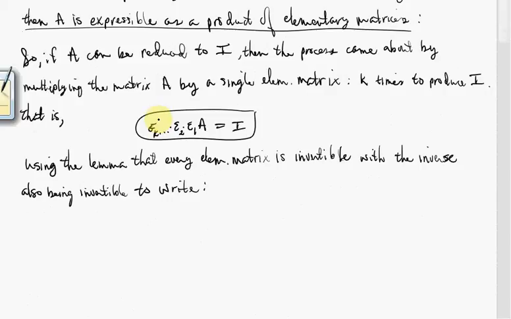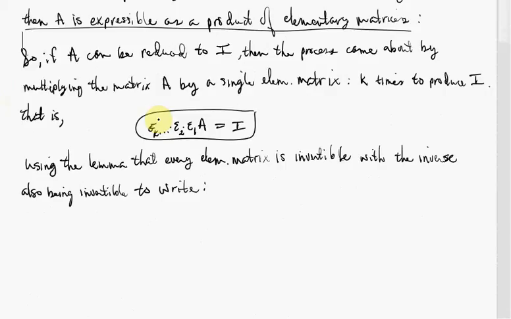So here's what I want to do. I can multiply on the left on each side by the inverse of this matrix, because it exists by the lemma. Every elementary matrix is invertible, right? And then once I do that, I take the next elementary matrix and multiply both sides, on the left, by its inverse. Keep on doing that. How many times? K times. And then I end up on the left side with just A standing all by himself. He's the last man standing. That's what I want.